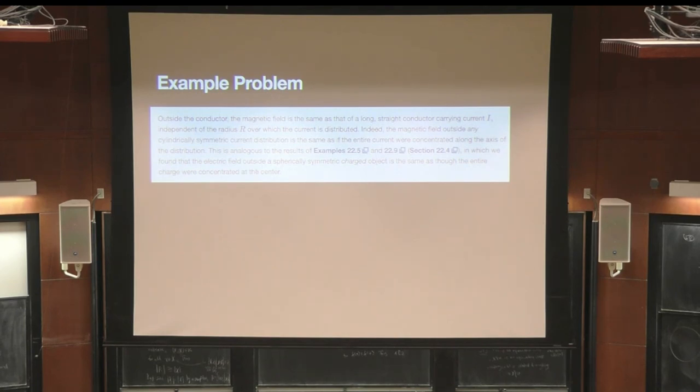A spherically symmetric distribution of mass and a spherically symmetric distribution of charge behave as if it's all at the center, and then we have this conductor acting like that for the magnetic field. And we do know how magnetic fields and electric fields are related. That's coming a little later, but one person's electric field is another person's magnetic field because they're part of the same object. I've said that a bunch of times, but it's still worth saying.